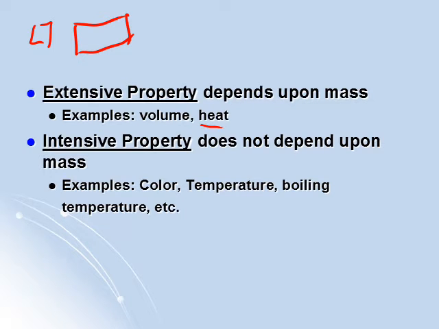Often we don't understand why heat is mass dependent. Let me give you a simple example. Say I have boiling water. I already heated that water, and I split that into two portions of boiling water.